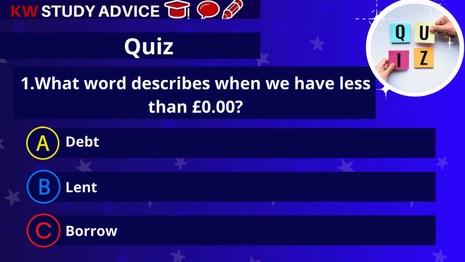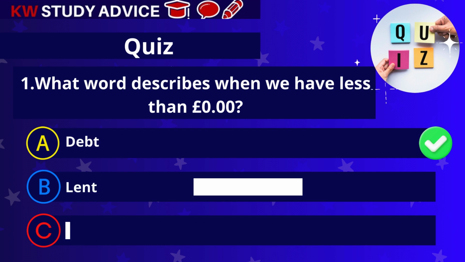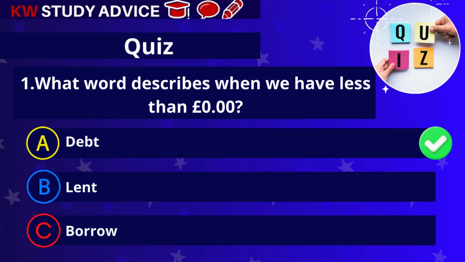What word describes when we have less than £0 in our bank account? Would it be A, debt, B, lent, or C, borrow? And the correct answer is A, debt.